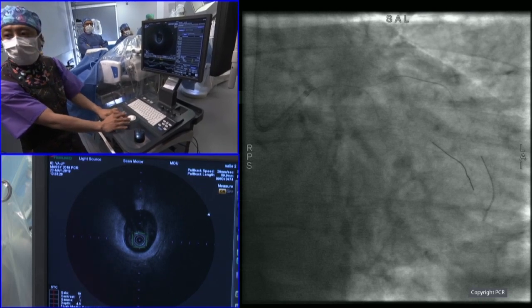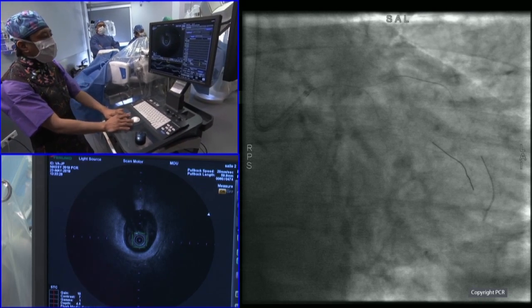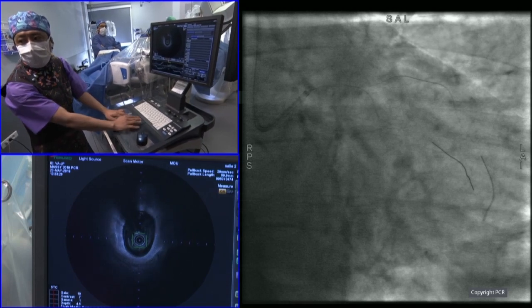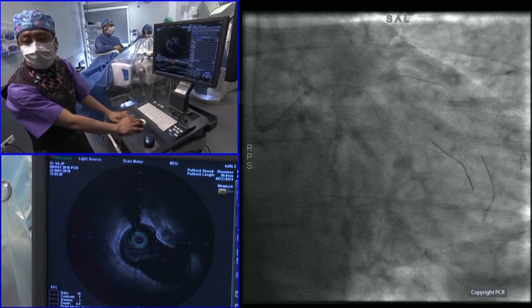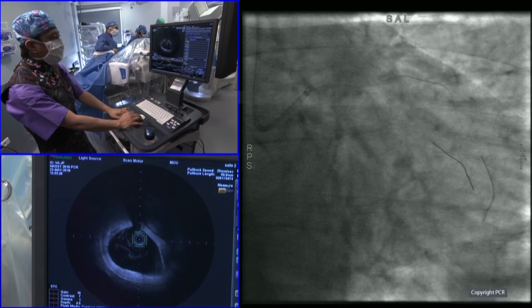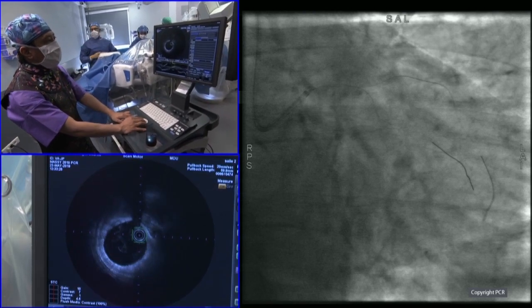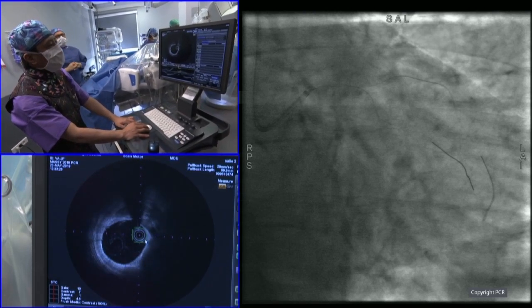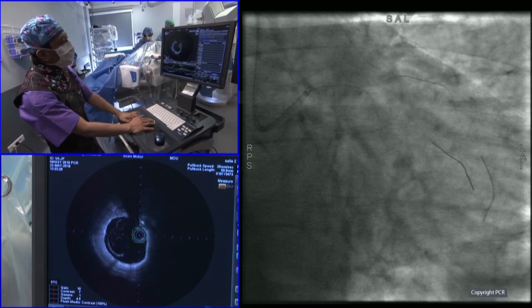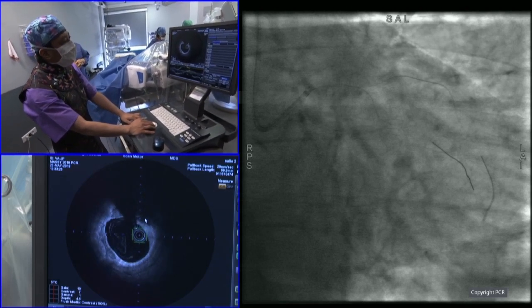Okay. So it is a pullback from the mid-LAD. You can see that there is a diagonal branch coming into this lumen, and it is a diffusely diseased plaque-rich coronary artery, but there's a small calcification, only extending 90 degrees.